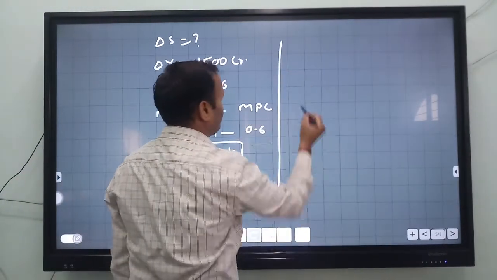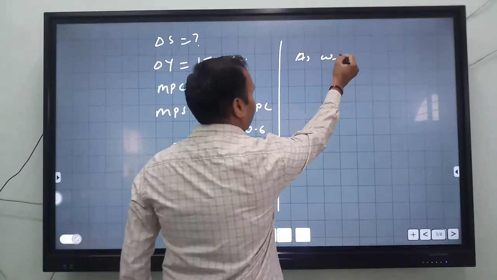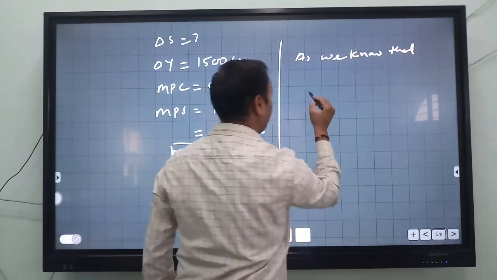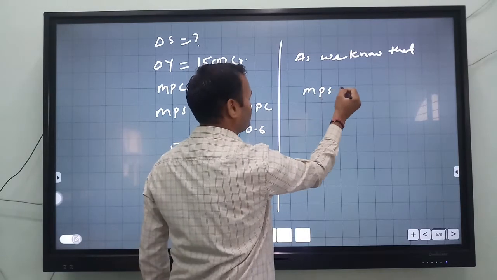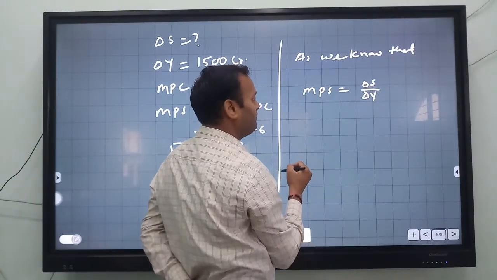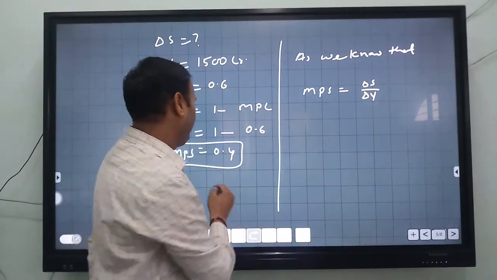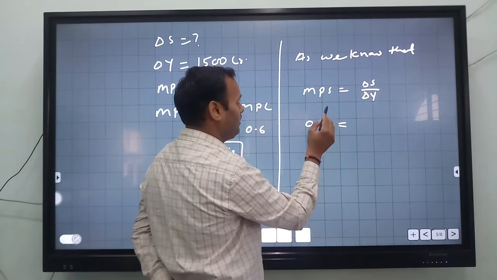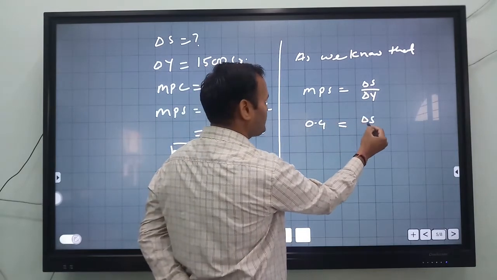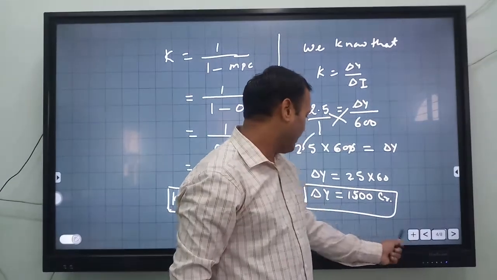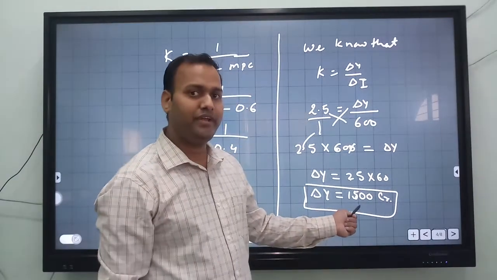Now, as we know that MPS is equal to delta S upon delta Y, and the value of MPS is 0.4, so 0.4 is equal to delta S upon delta Y. We already calculated delta Y as 1500.